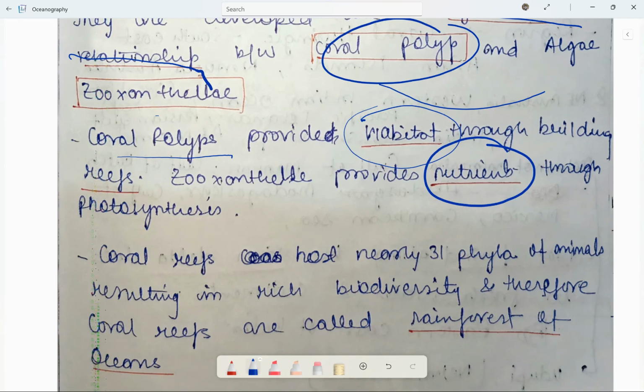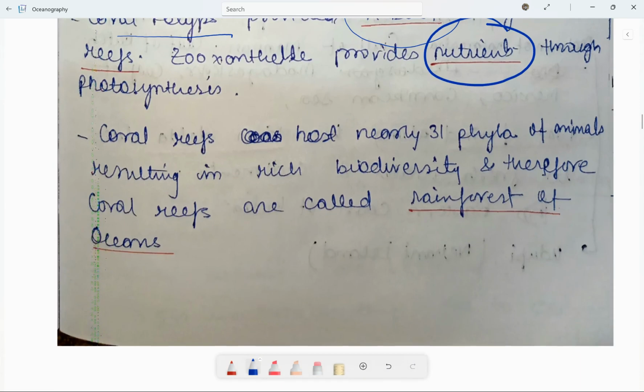So algae perform the process of photosynthesis, and the coral polyps receive all the nutrients. Now those nutrients are mixed in the water, so there are filtering animals, which filter the water and absorb all the nutrients from the same, and they release the water back in the ocean.